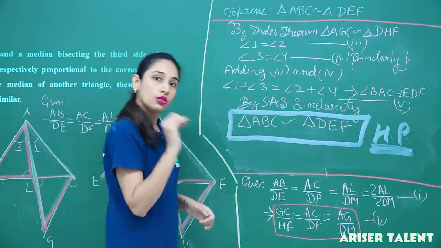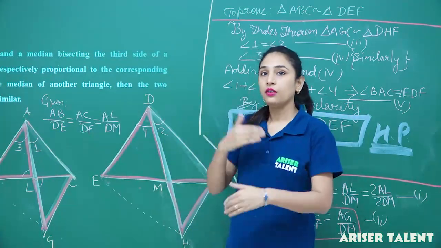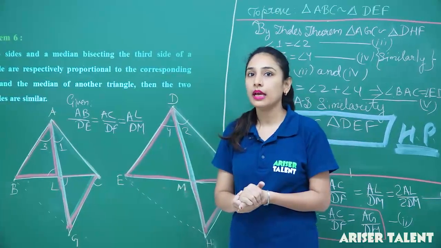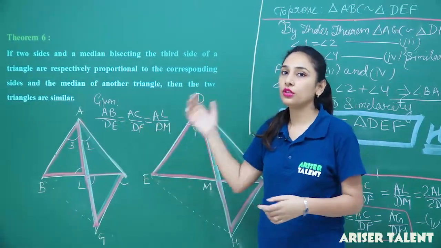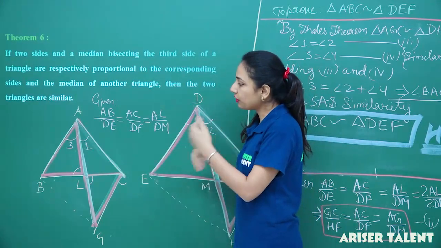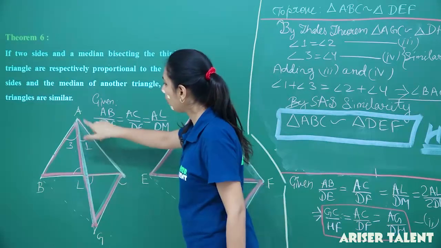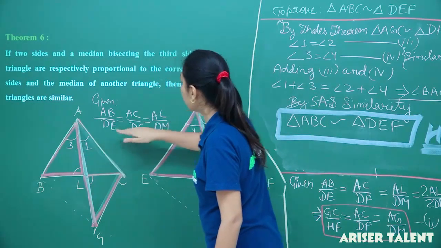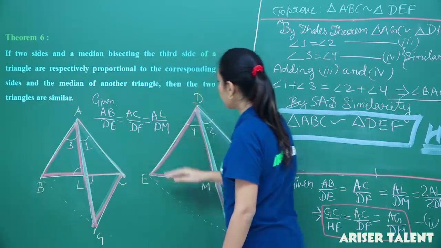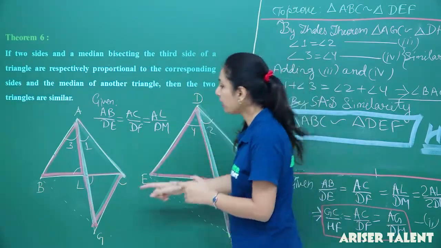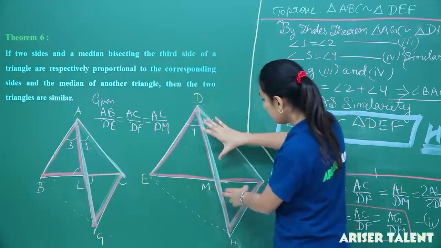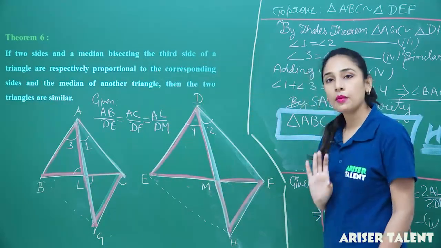Okay, students. So just rewind the complete process. This is an important question, students. You have asked this question in your NCERT exams also. So just repeat the process. What we have done: given these proportions, we were asked to prove this triangle similar to this triangle. We constructed AL equals LG and DM equals MH.